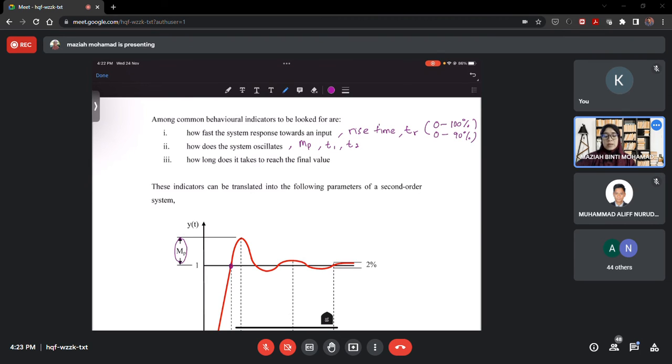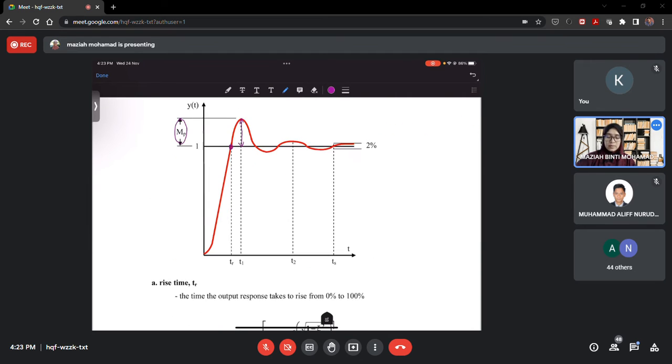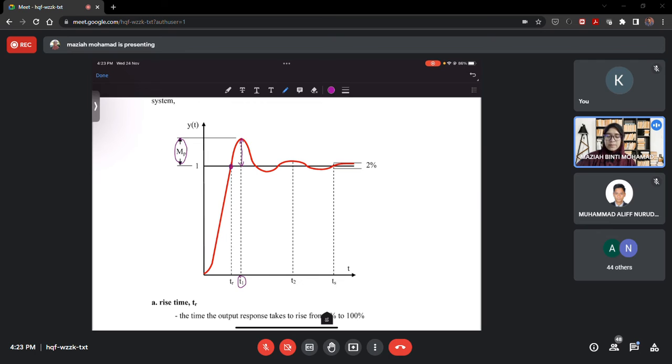So it is the highest peak minus the final value 1. T1 is the time taken to reach peak number 1, this one here, and T2 is for peak number 2. If there is a peak number 3 that you want to study, then you calculate T3 also.